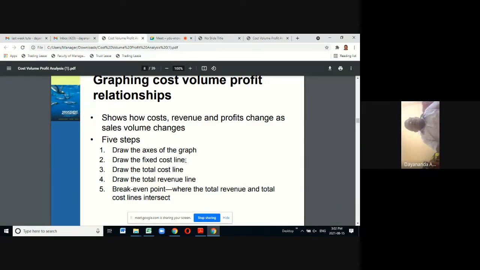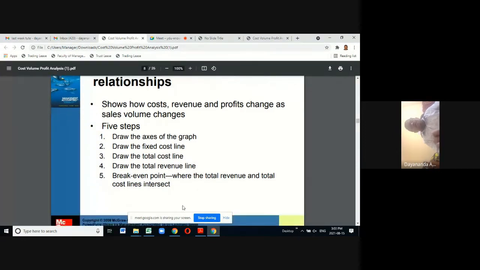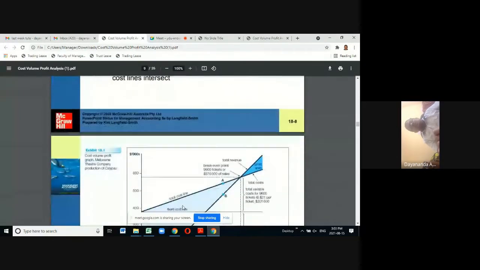One is to draw the axis of the graph and label the graph. Then draw the fixed cost line, draw the total cost line, draw the total revenue line, and mark the break even point where total revenue equals total cost.